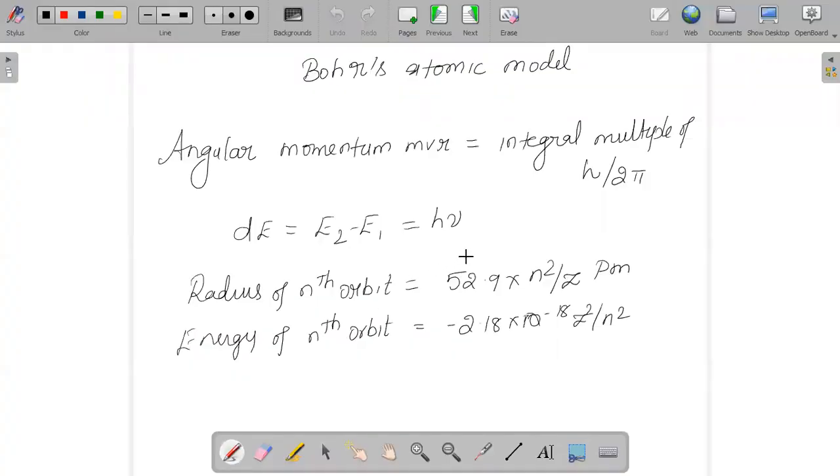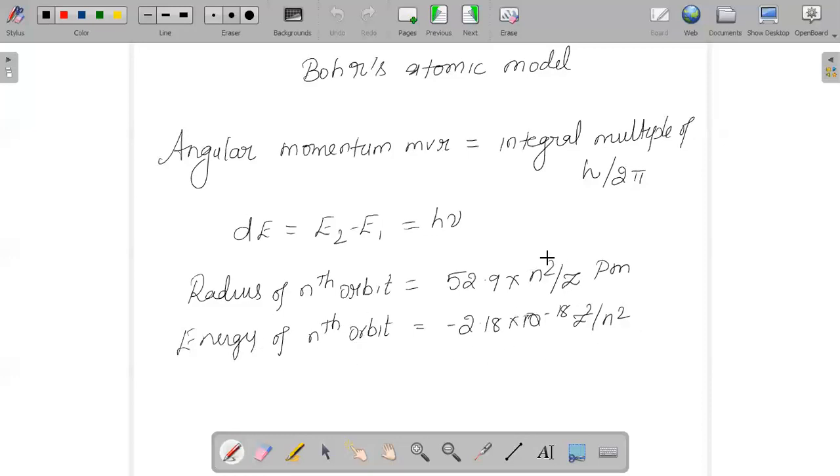And one more atomic model which we should study is Bohr's atomic model. Angular momentum is nothing but an integral multiple of h by 2 pi, and energy you could calculate as E2 minus E1, which is equal to h nu. And the radius of the nth orbit, you could say that it is 52.9 into n square by Z picometres, and the energy of the nth orbit also.